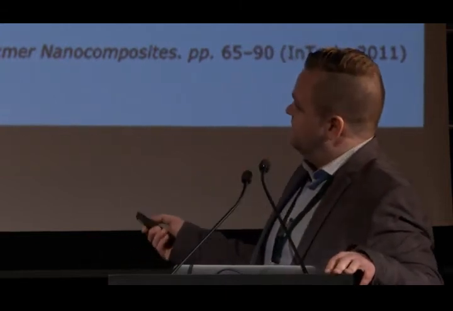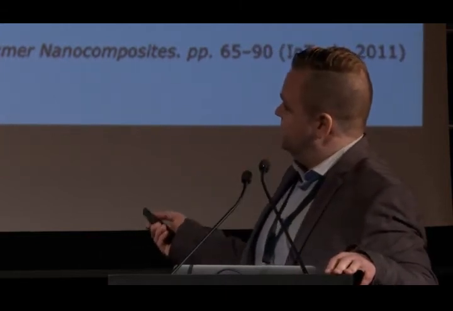It's the chirality that determines this. So here we have armchair, zigzag, and chiral. If you imagine a sheet of graphite, it depends on how you curl it. You can curl it straight, in one direction, or in the other direction. And that means a lot for the properties that the carbon nanotubes have.